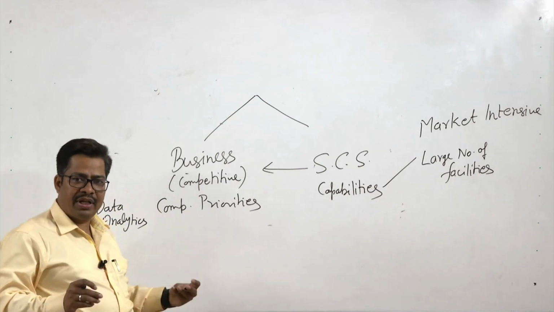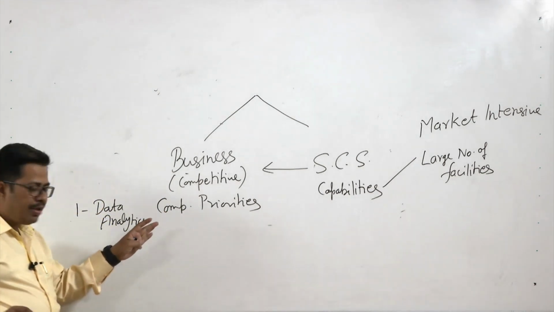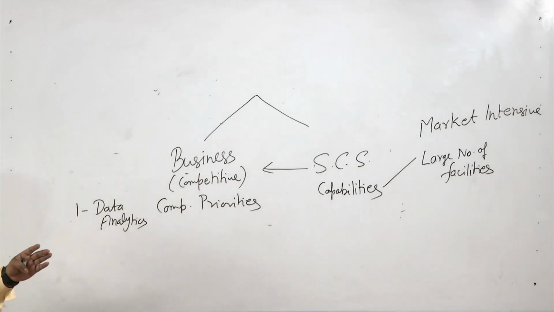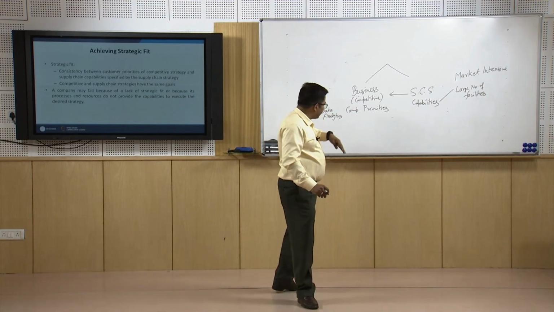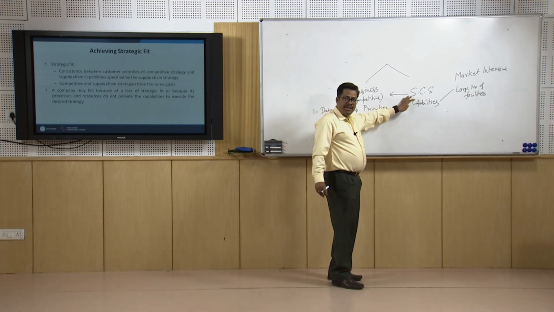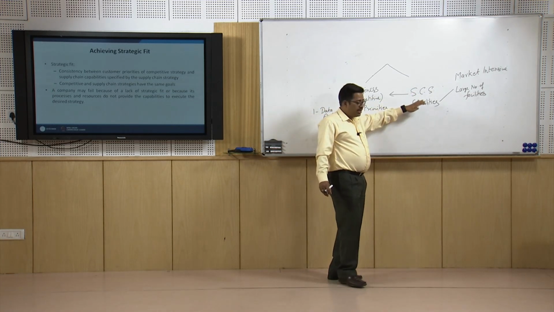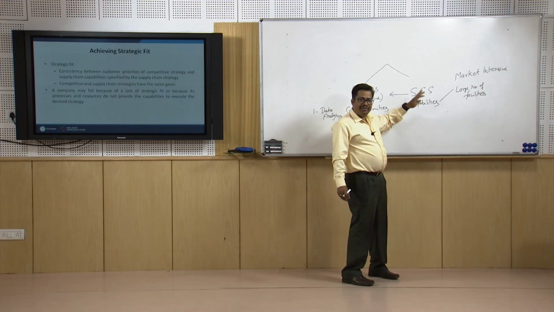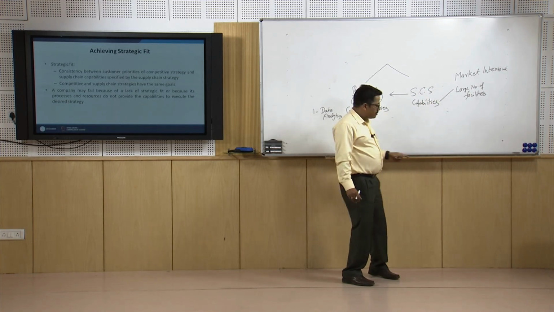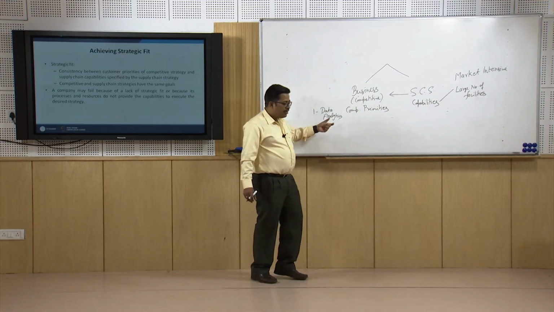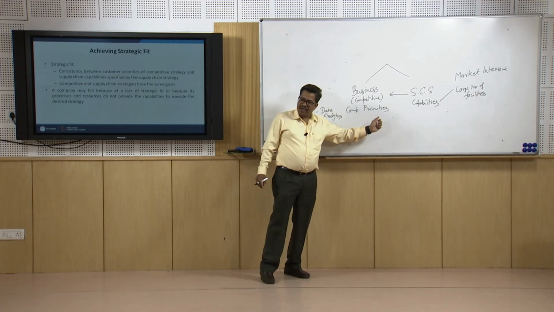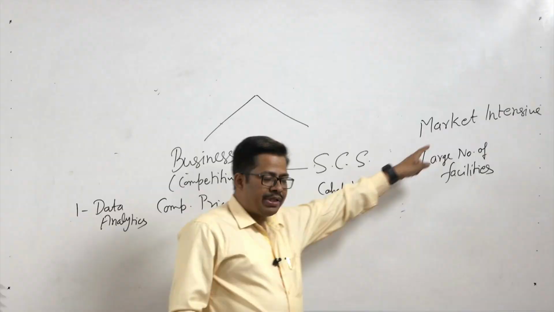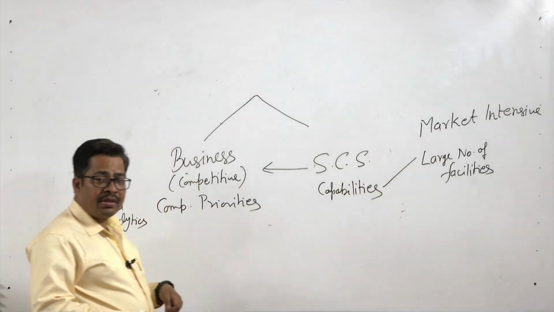So the very first thing we should understand is the competitive priorities, and according to those competitive priorities I must design my supply chain strategy, and according to the supply chain strategy I should develop my supply chain capability. Data analytics is the part which will help us in dynamically understanding the competitive priorities, and accordingly you can take all these decisions.